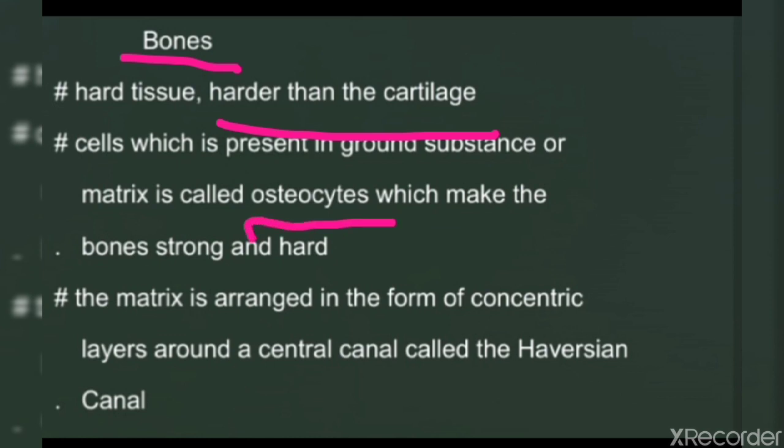In bones, these osteocytes make the bones strong and hard. What is the role of osteocytes? They make the bones strong and hard, and they are present in the matrix of bones.